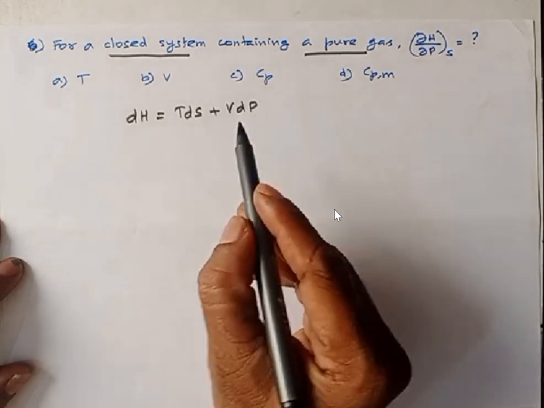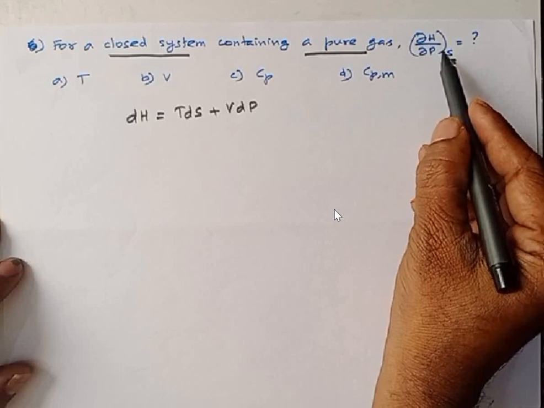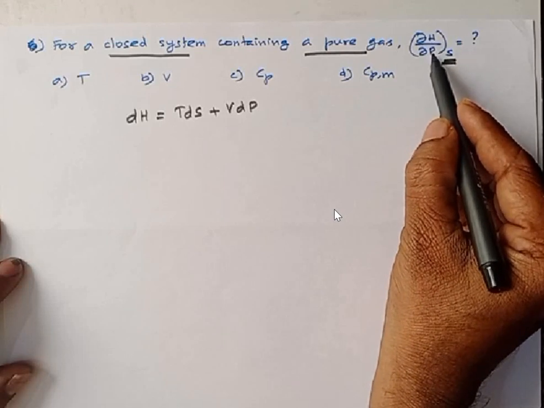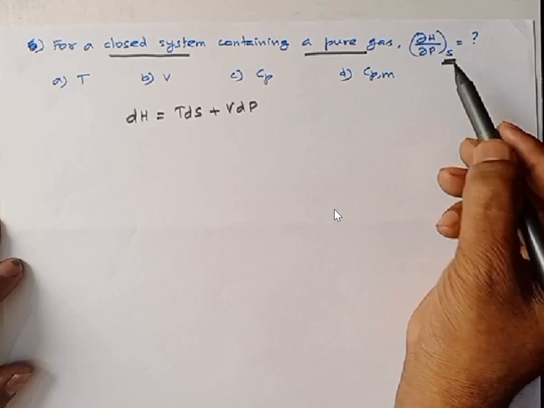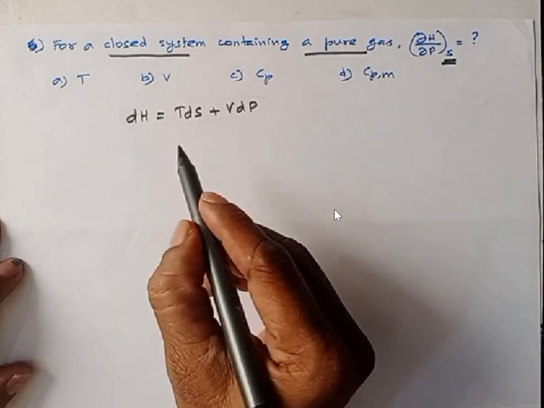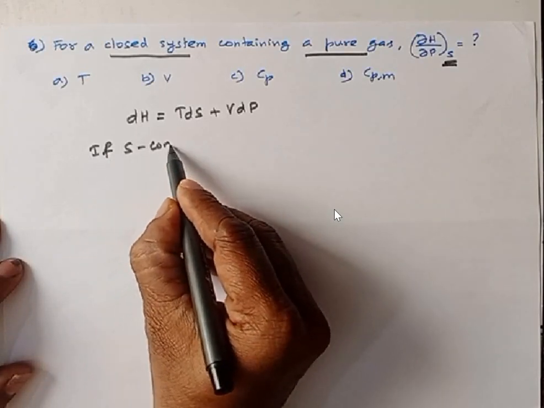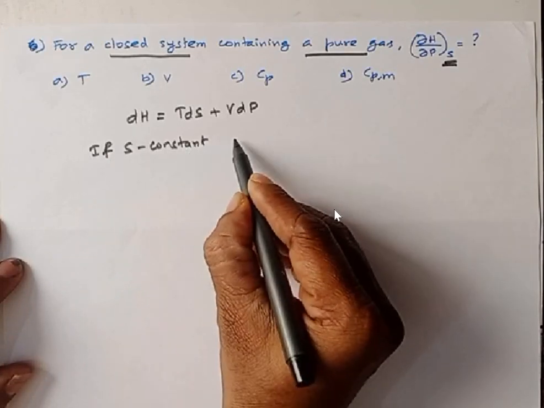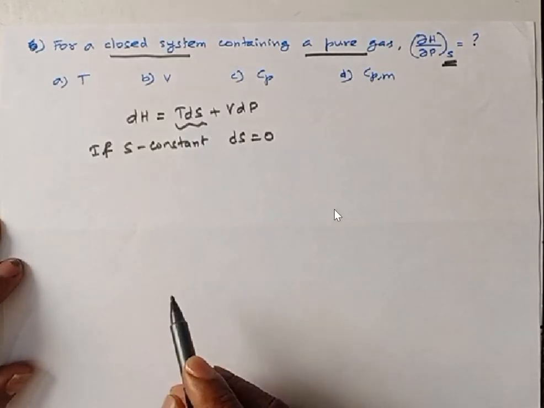Now they are asking dou H by dou P, how enthalpy changes with respect to pressure, keeping entropy constant. If S is constant, that means the change in entropy equals 0. So this term becomes 0.